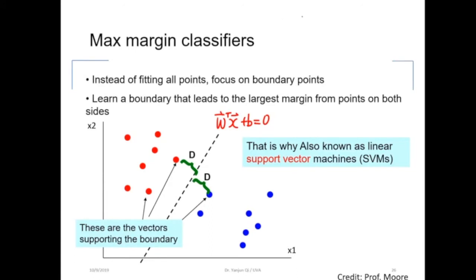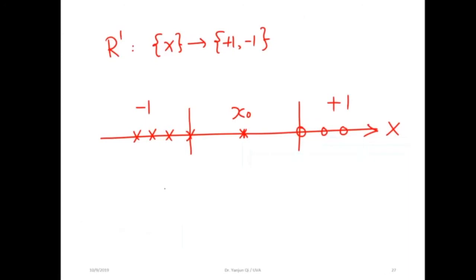Let's make it more concrete. w transpose x plus b equal to 0. That's the middle separation boundary. Our x is normally a p times 1 vector, and w is our weight to learn.